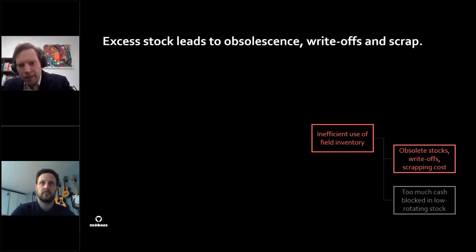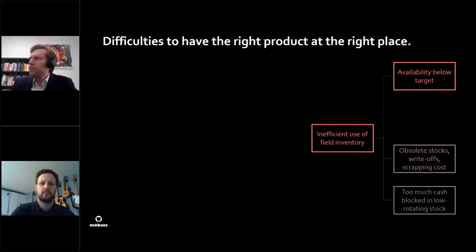What is remarkable is that in quite some environments, even if we have very high stocks and quite a high investment, we still come to situations where there is availability below target.